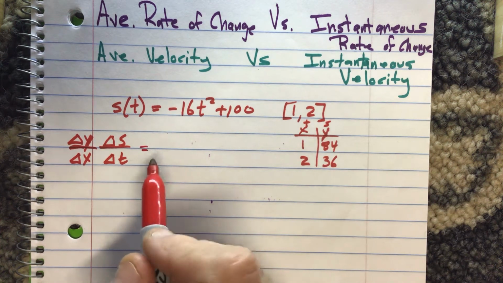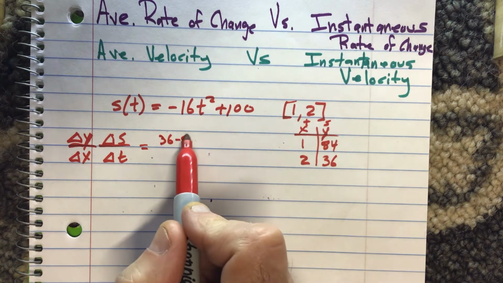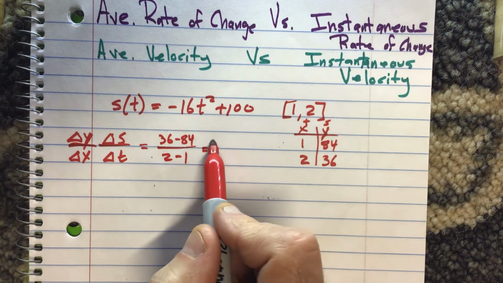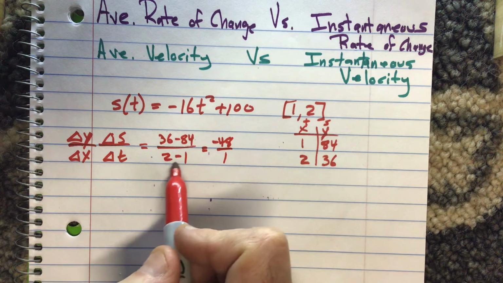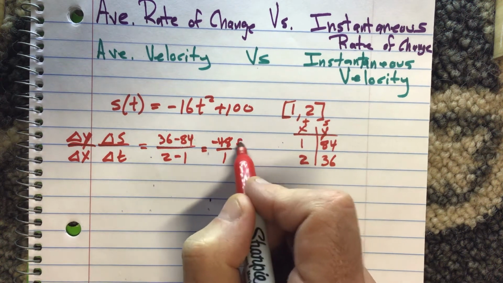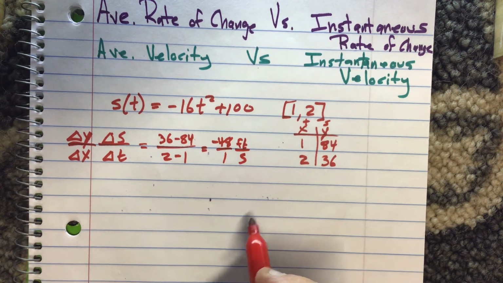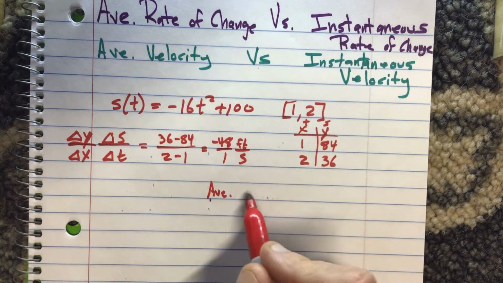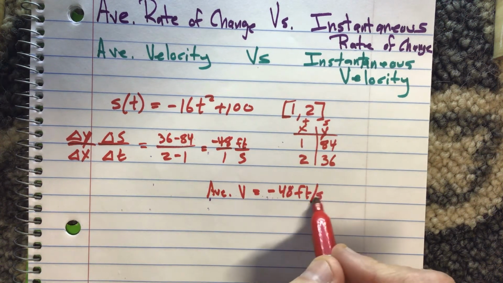So the average velocity would be 36 minus 84 over 2 minus 1, which is negative 48 over 1. And this is feet, and this is seconds. So it's feet per second. So negative 48 feet per second. So that's the velocity. The average velocity equals negative 48 feet per second.